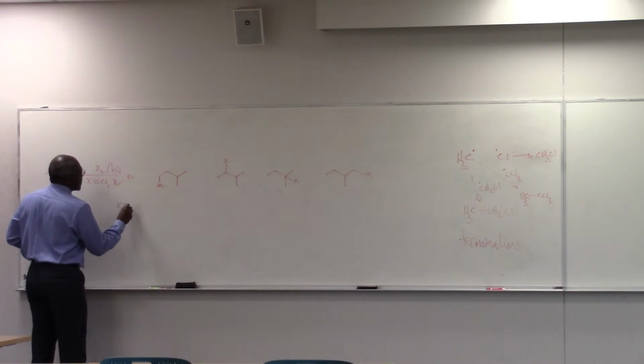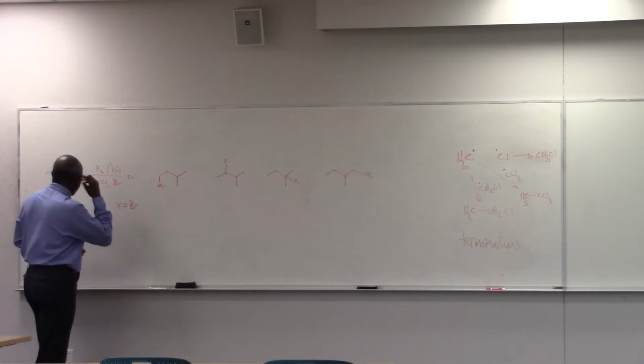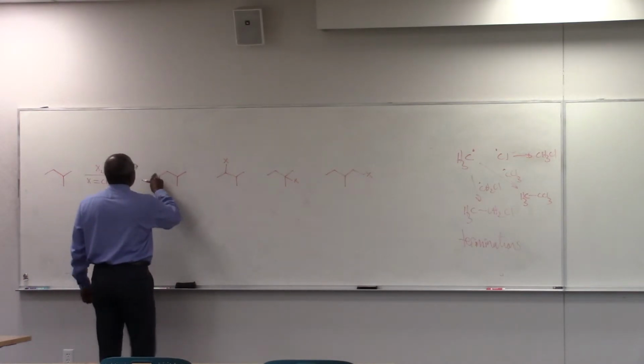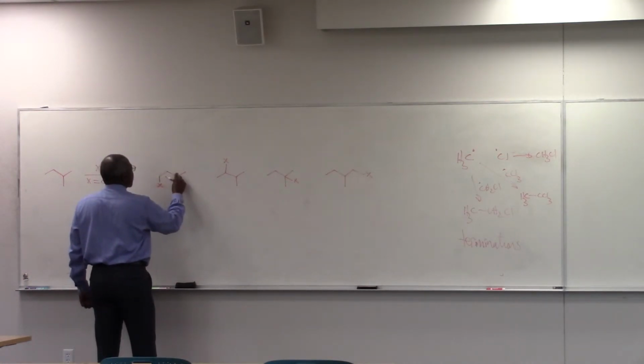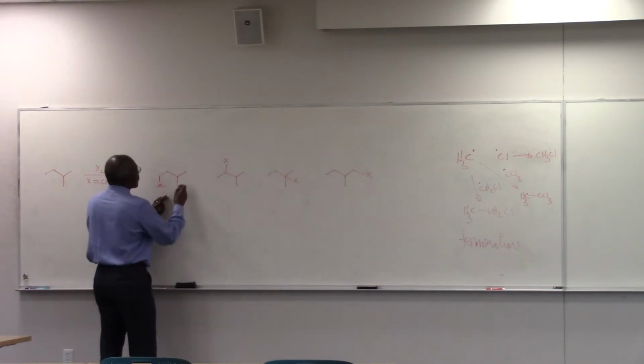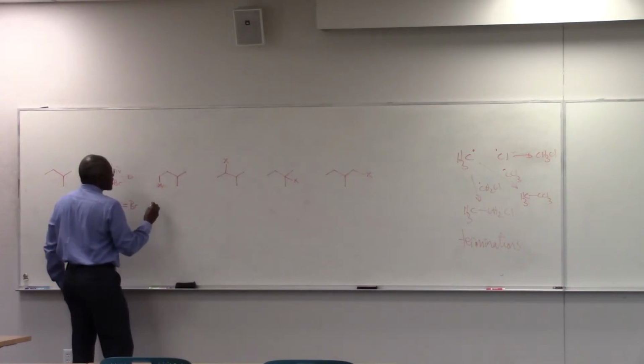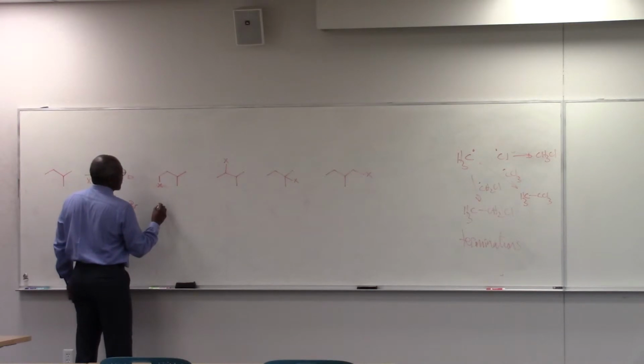When X is equal to bromine, what I will get is something that resembles the following distribution.